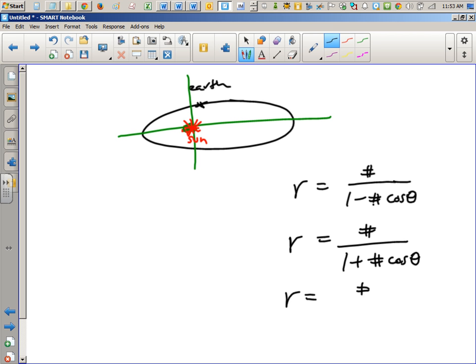It would be one of these 4 possibilities. I put a number sign there because I don't want to spoil it. But the number in front of the trig is E, the eccentricity. The number on top is actually something else called EP.